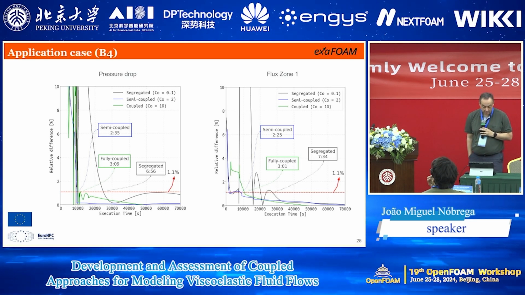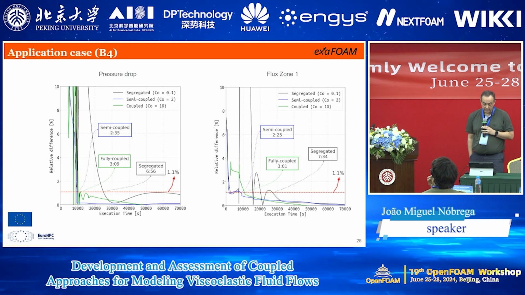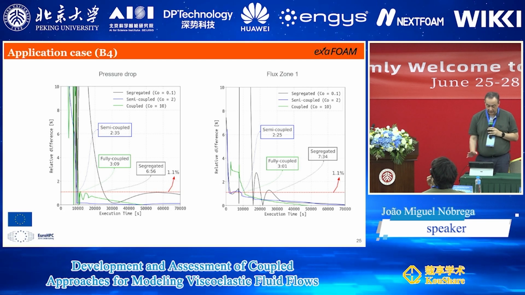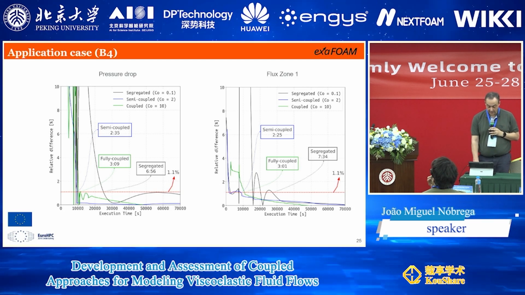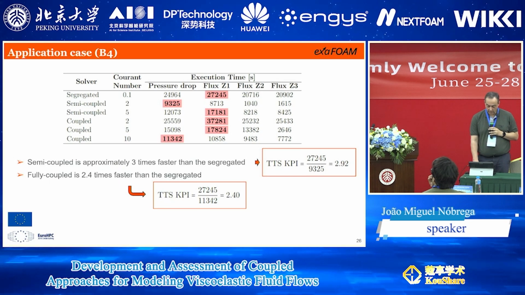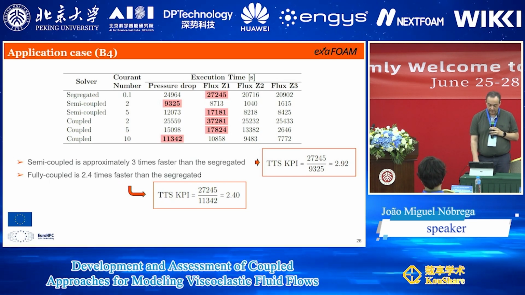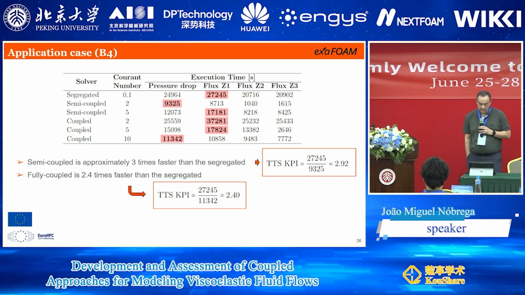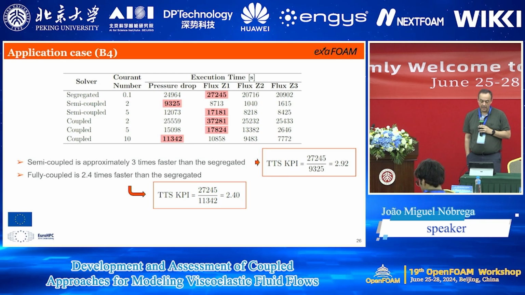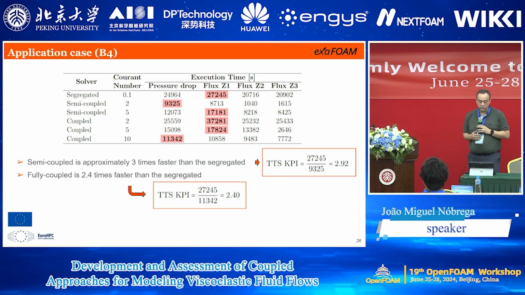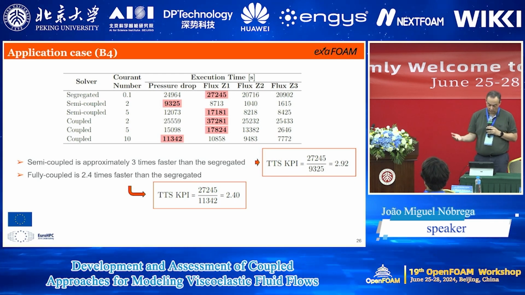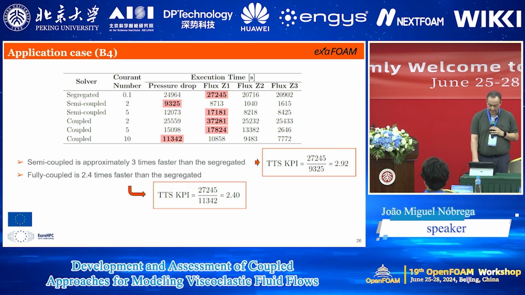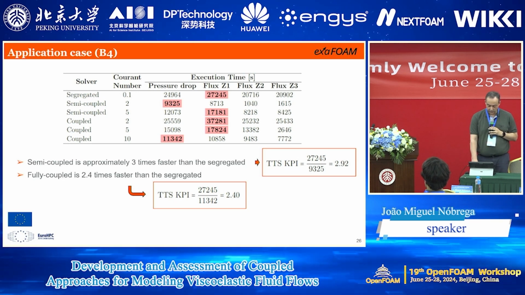Again, the semi-coupled approach allows us to obtain better results, but in this case, the fully coupled was a bit closer. So we managed to obtain in general a speed up of 2.92 for the semi-coupled approach, but the fully coupled also allowed us a speed up of 2.4.